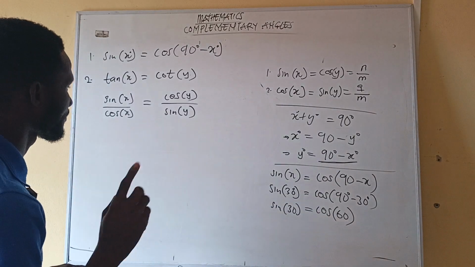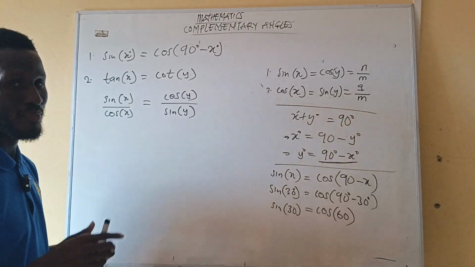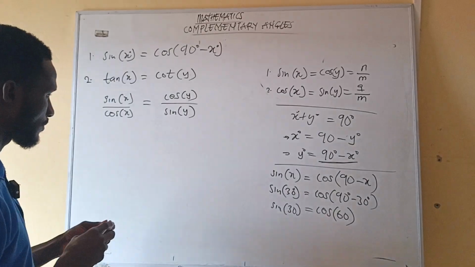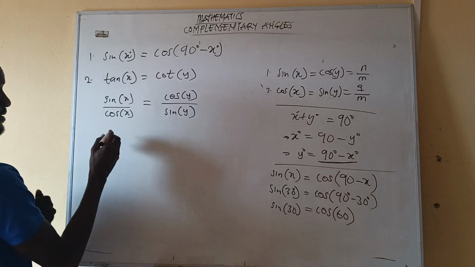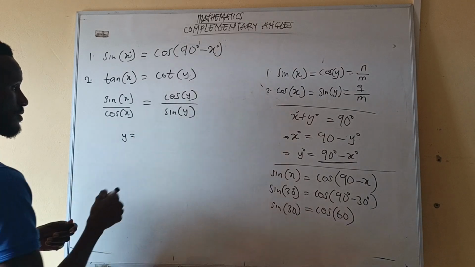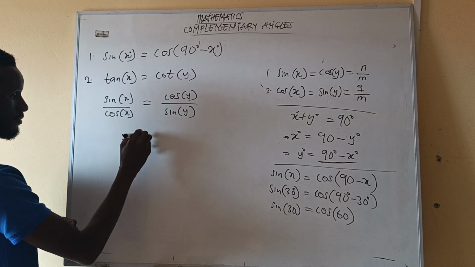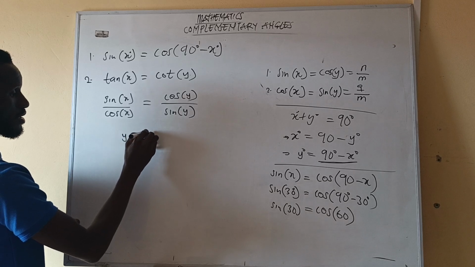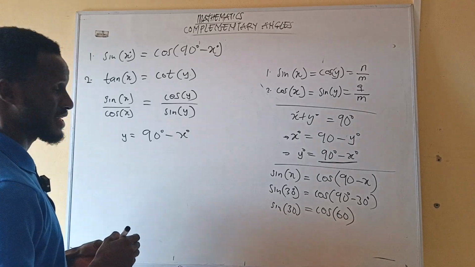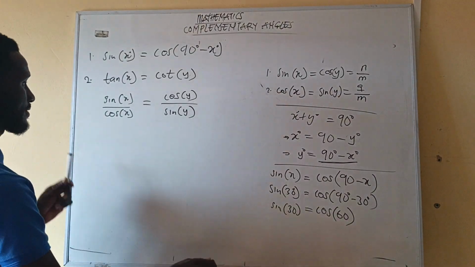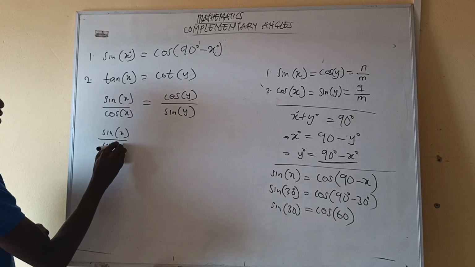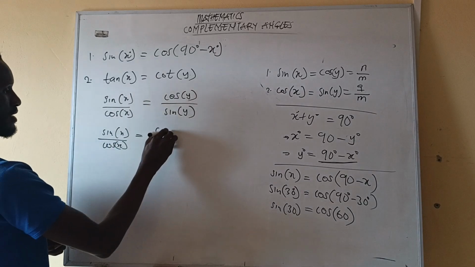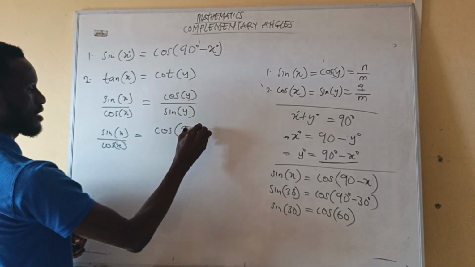Now, don't forget that per our deduction, the y is the same as what? 90 minus x. Don't forget y is the same as 90 minus x. So I'm going to get something like sine x over cos x is the same as cos of 90 minus x.